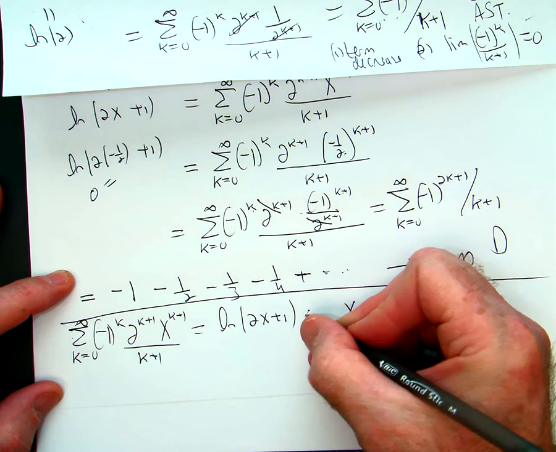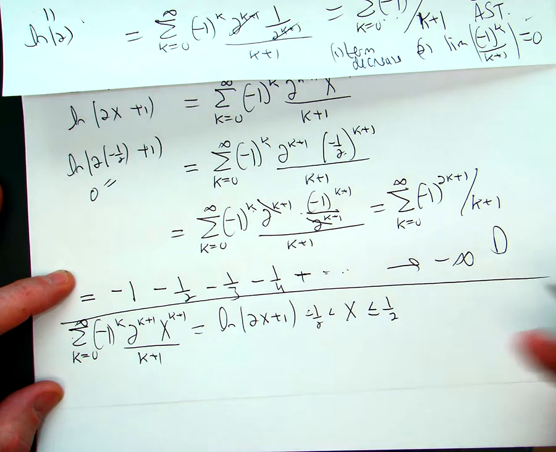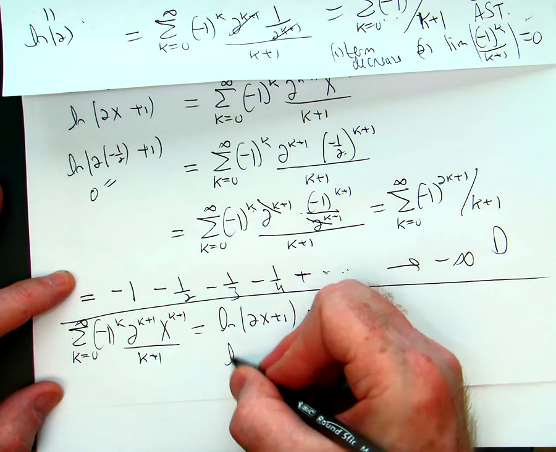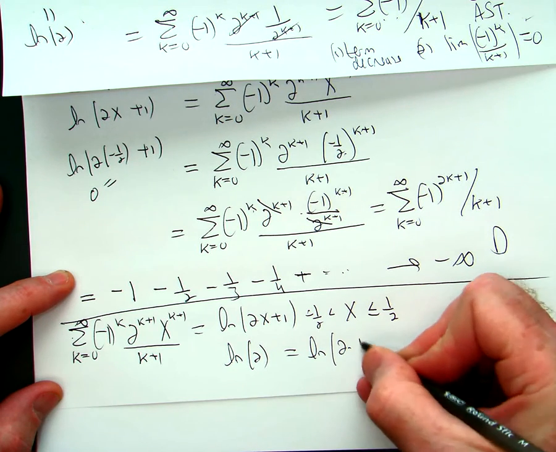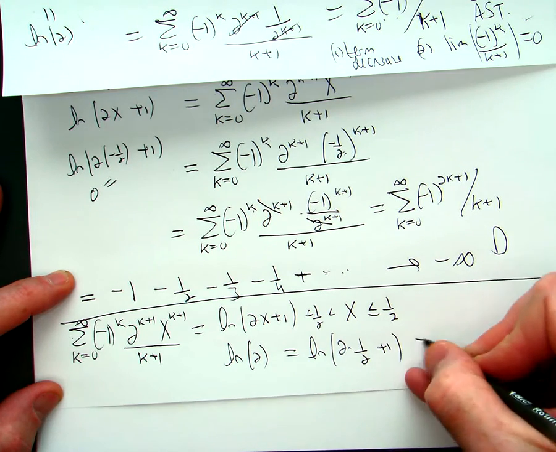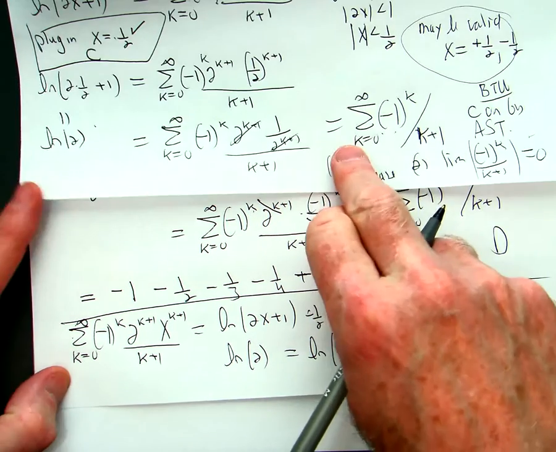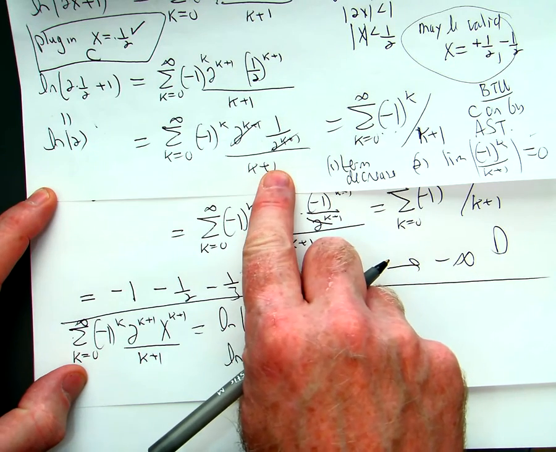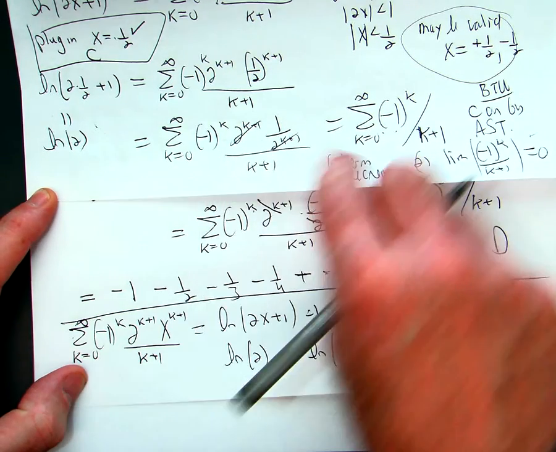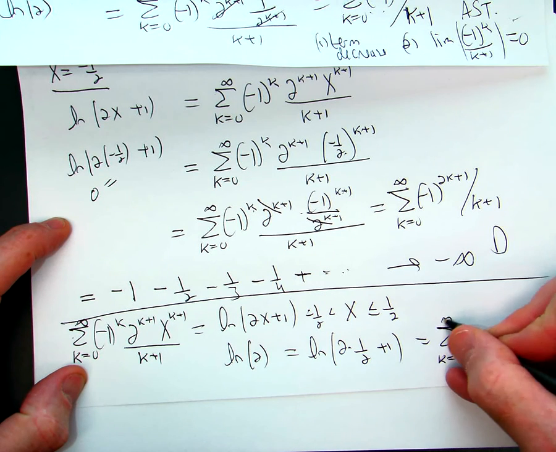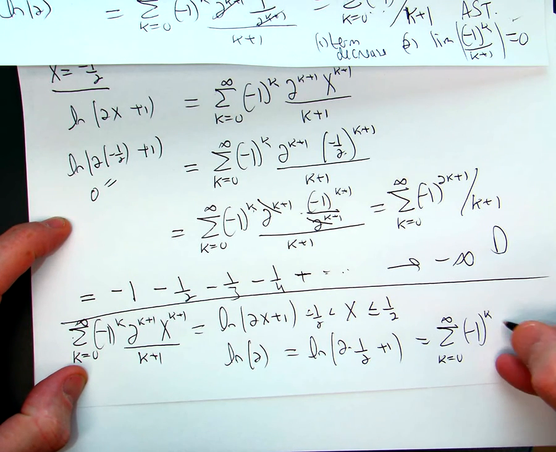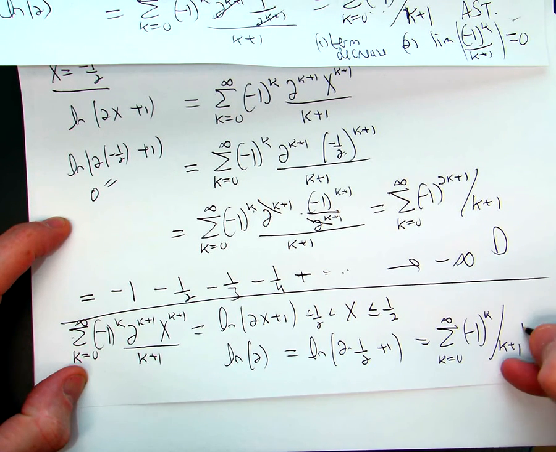And we get the natural log of 2 times 1/2 plus 1, and we saw from above that that equals this thing right here, minus 1 to the k over k plus 1. Okay, that's the answer.